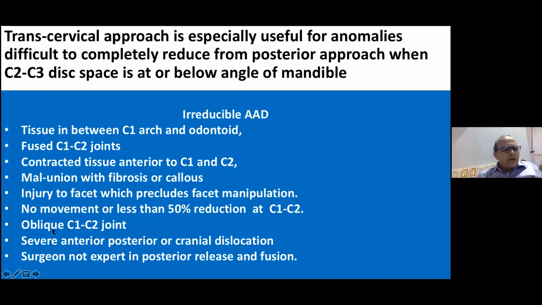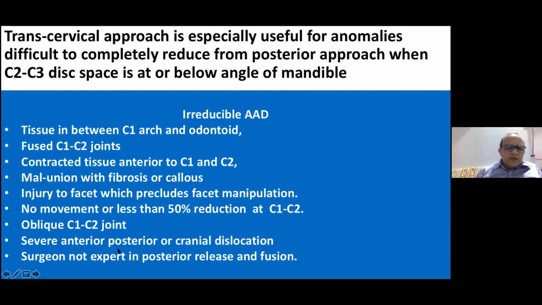The oblique C1, C2 joint also prevents manipulation of the joint, and these cases also may require anterior approach, because in anterior approach, you can do both decompression and fusion. So if it is not completely reduced, then you decompress also. If it is reduced, then you just fuse it.